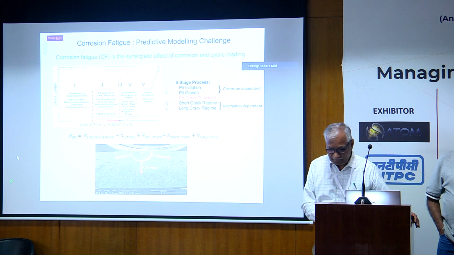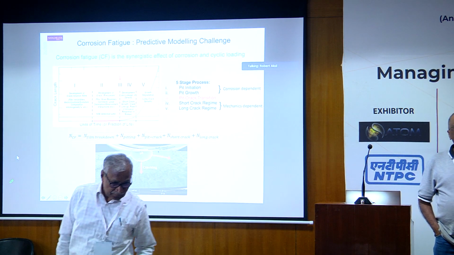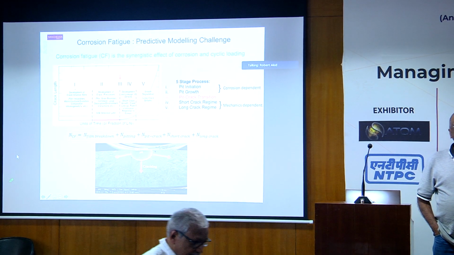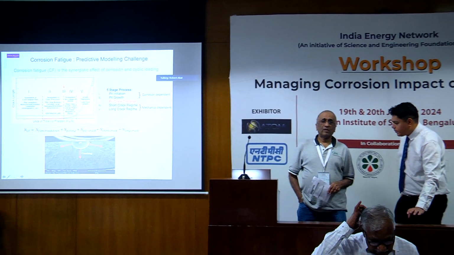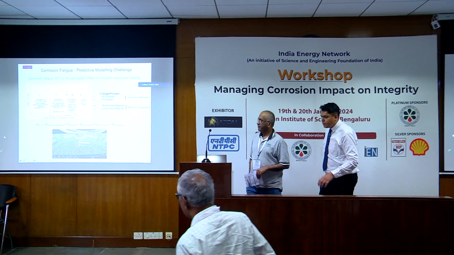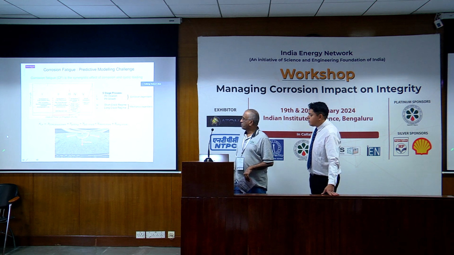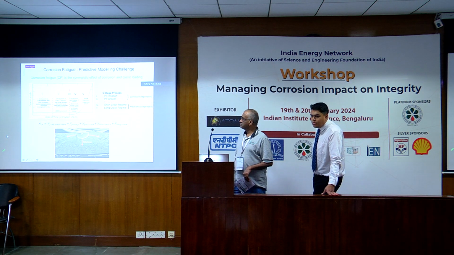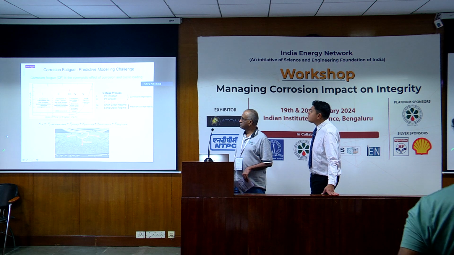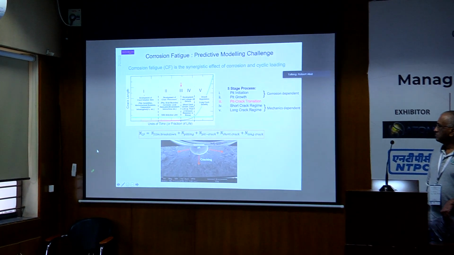I completely understand. So what I should have shown was another map. Can you see my arrow on the image? Yeah. So initially what we find is that the crack develops on each side, and then eventually grows into a semicircular crack.